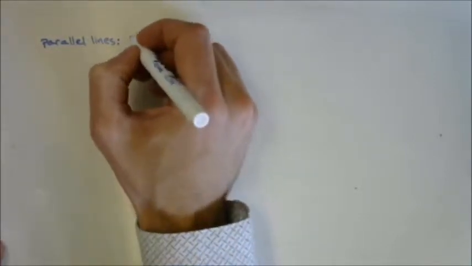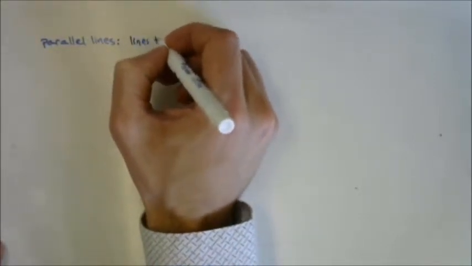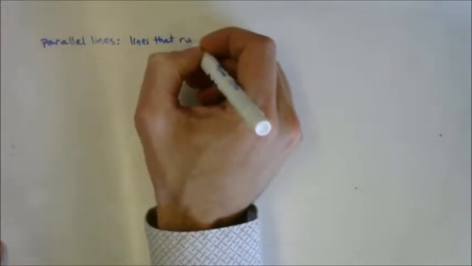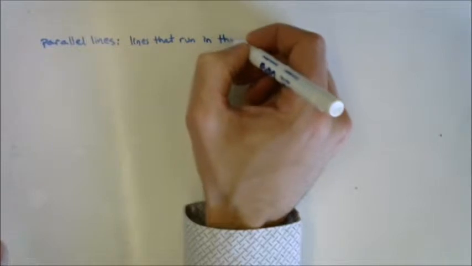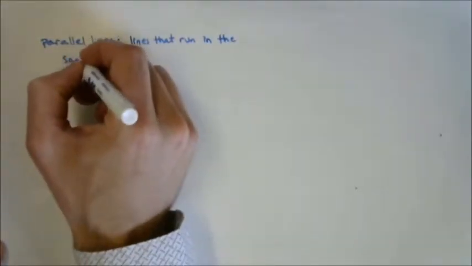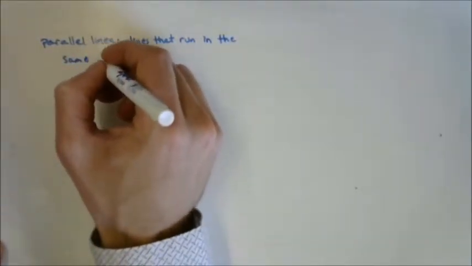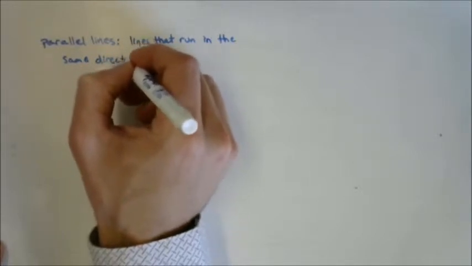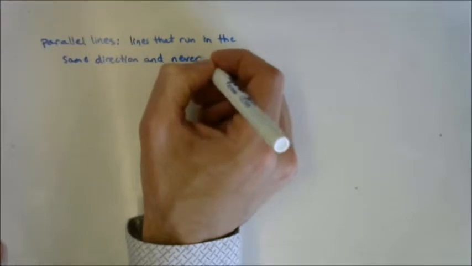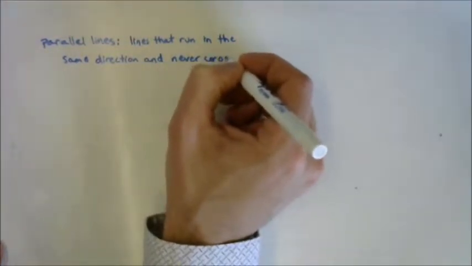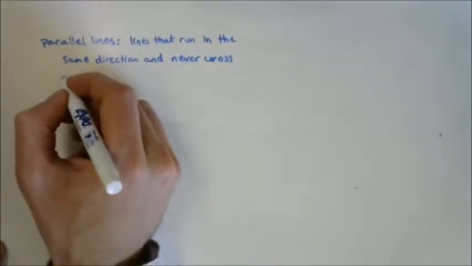Parallel lines are lines that run in the same direction and never cross.